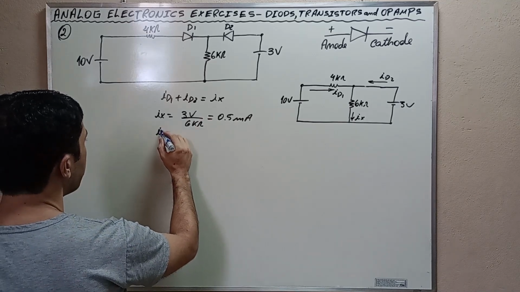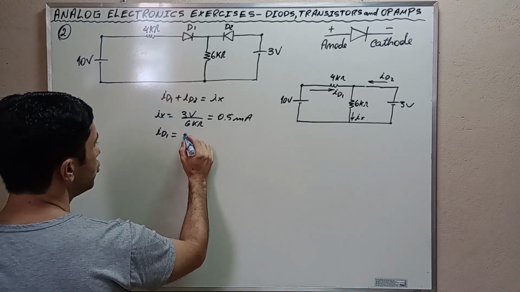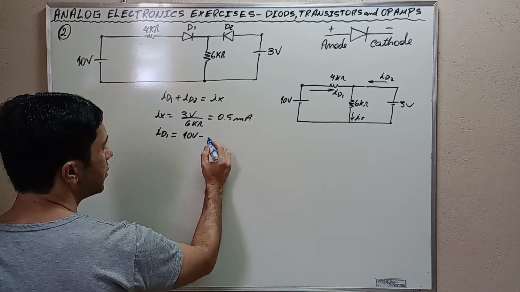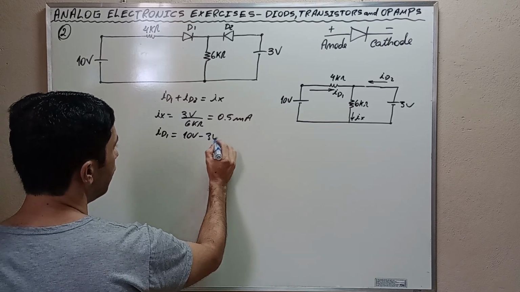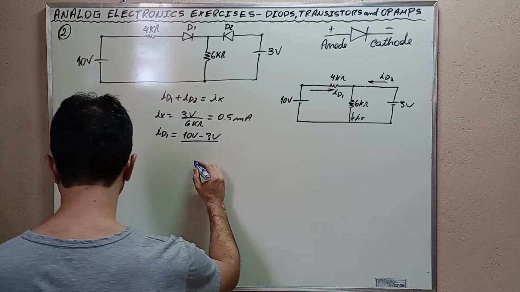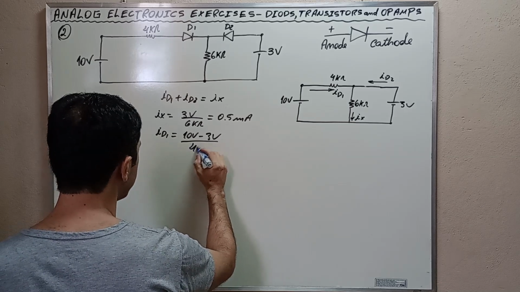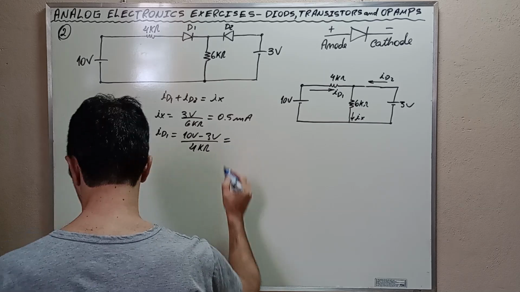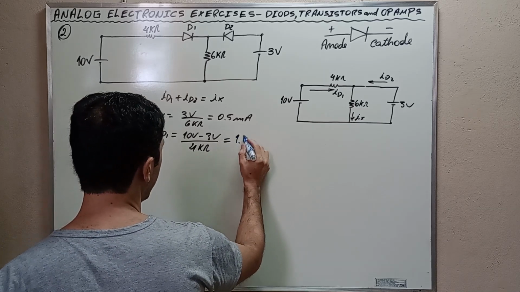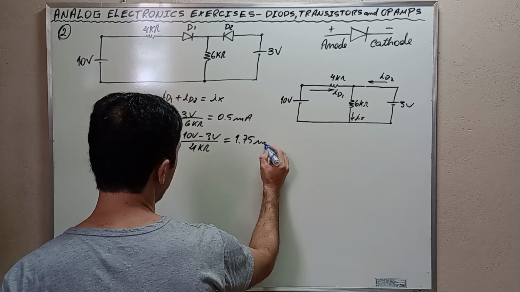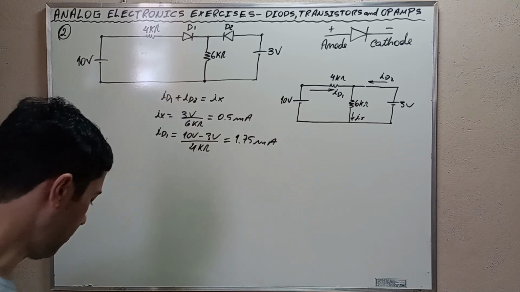ID1 is equal to 10 volts minus 3 volts divided by 4 kilo ohms. And this is equal to 1.75 milliamps. Okay?